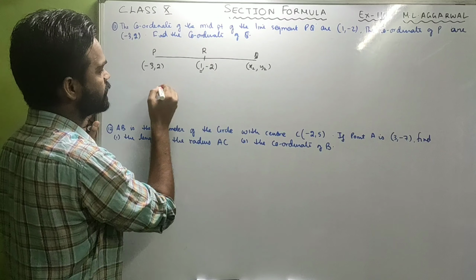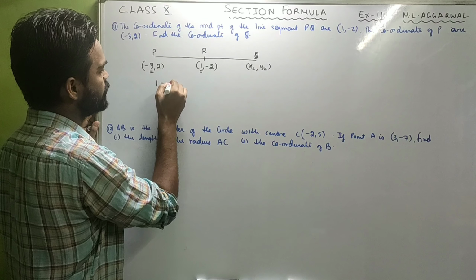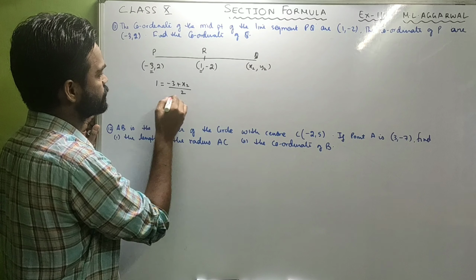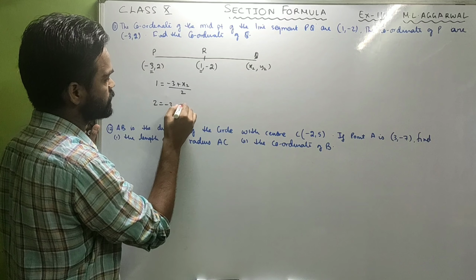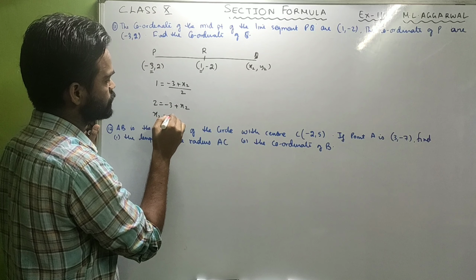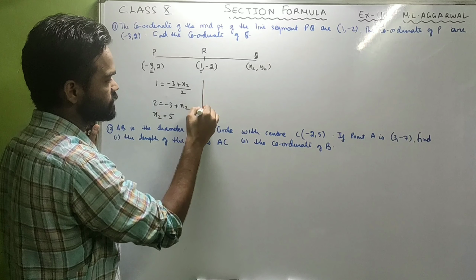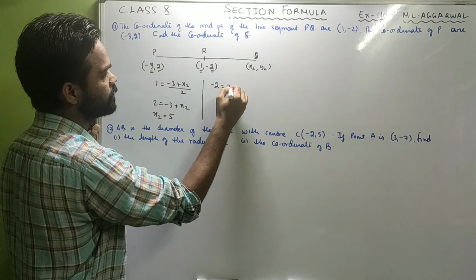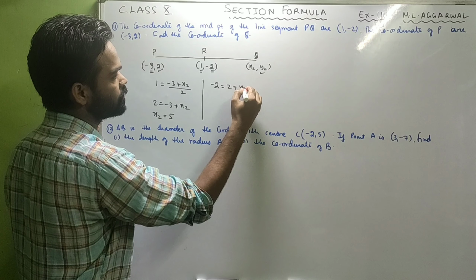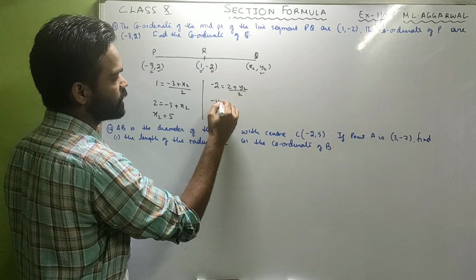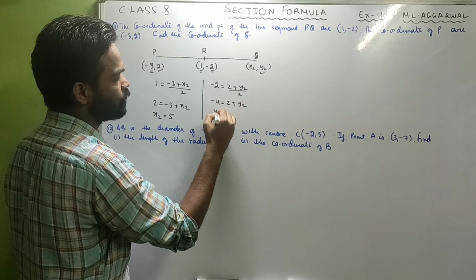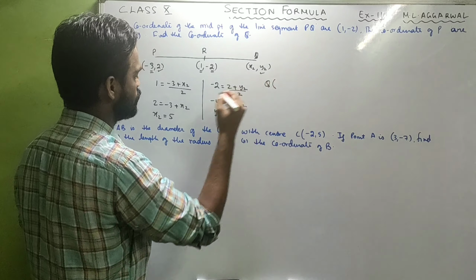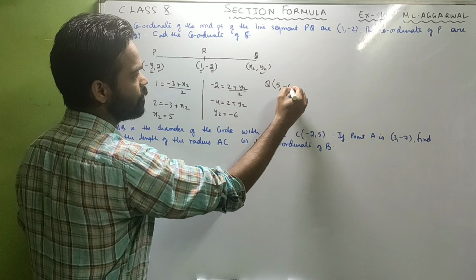Then we know x equals x1 plus x2 by 2, which means 2 equals minus 3 plus x2, which means x2 equals 5. Similarly, y equals y1 plus y2 by 2, which means minus 4 equals 2 plus y2, which means y2 equals minus 6, which means the coordinates of Q will be 5 comma minus 6.